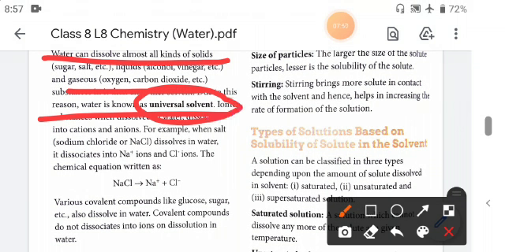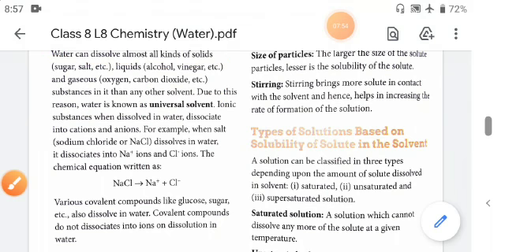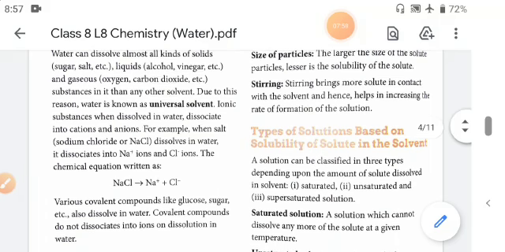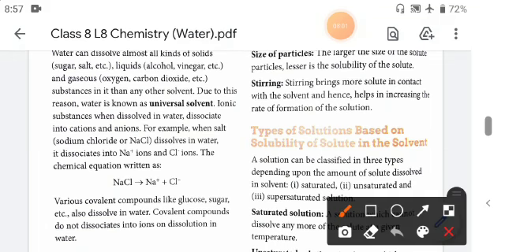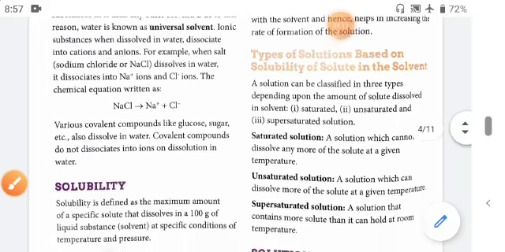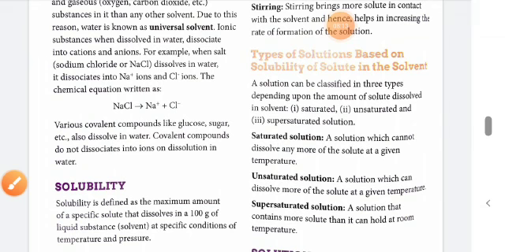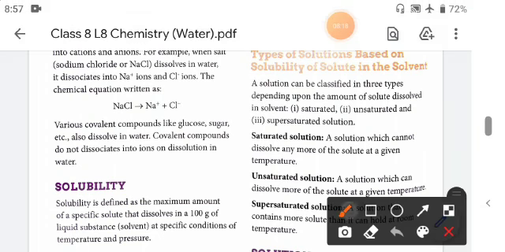Okay, now when any salt, suppose sodium chloride, dissolves in water, it dissociates into sodium plus and chlorine minus ions, and various covalent compounds like glucose, sugar, etc. also dissolve in water.